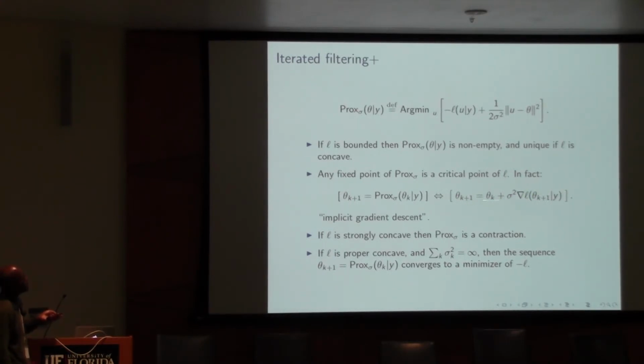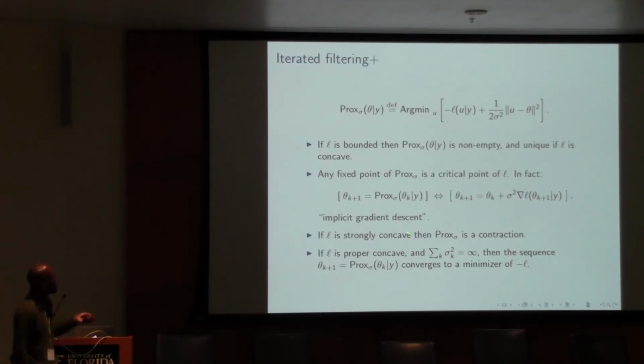And there is another name for this: iterating the proximal is actually doing an implicit gradient iteration. The usual gradient would be that I use theta k here instead of theta k plus 1. So this is it.